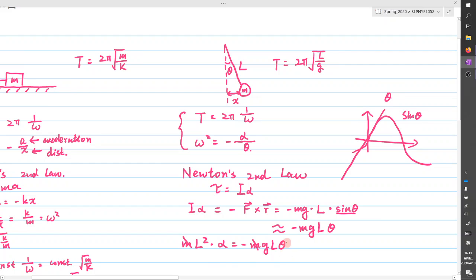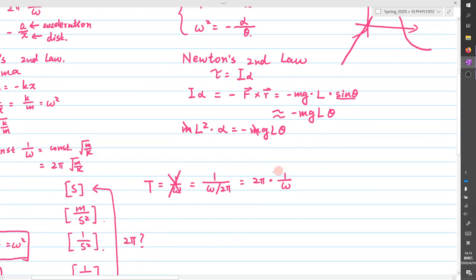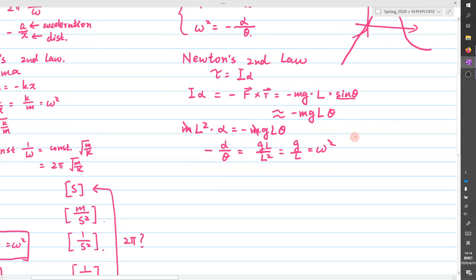We move the L to the right, we move the theta and the negative sign to the left, leaving us with negative alpha over theta being g times L over L squared equals g over L equals omega squared. That's a bad looking square.